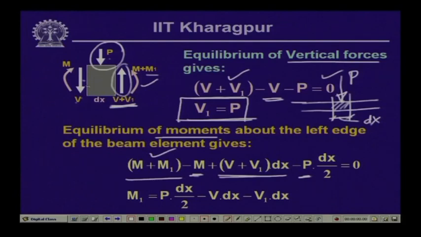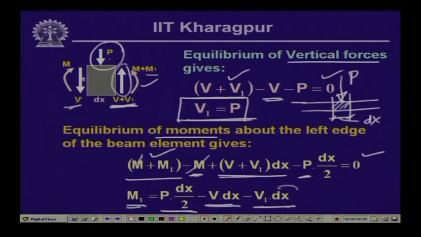B does not have any contribution because we are taking moment about this edge, and this equals 0. Now, after cancelling the terms, we get that M1 is equal to P times dx by 2 minus V times dx minus V1 times dx.